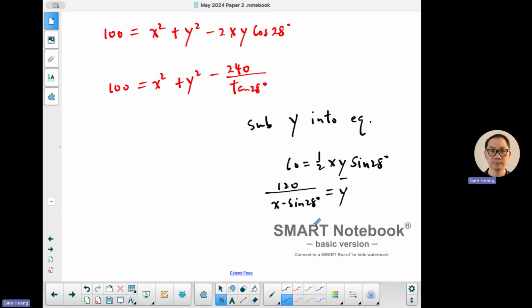That's going to be my y. So I'm going to sub that in for my y squared. So 100 is equal to x squared plus bracket 120 over sine 28 degrees multiplied by x, close bracket, squared, minus 240 over tangent 28 degrees.